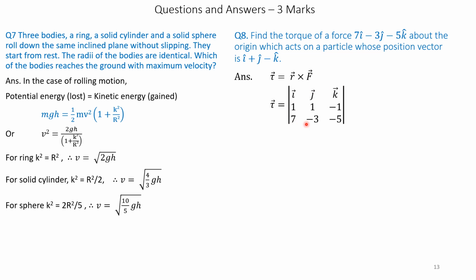The same thing we have repeated in this matrix. Therefore, simplifying the matrix using matrix algebra, we get minus 8i minus 2j minus 10k.